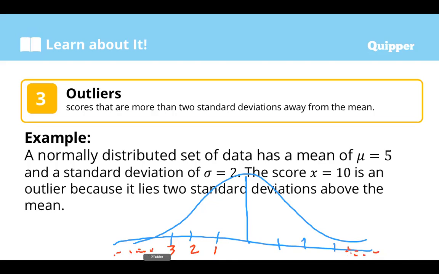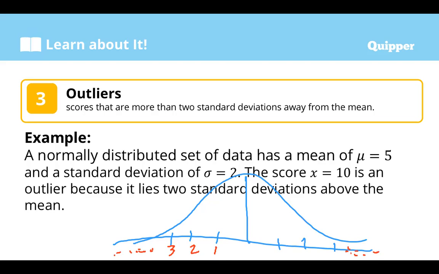Okay, yung mga data na nasa labas ay tinatawag na outliers. Outliers are scores that are more than 2 standard deviations away from the mean. So ito yung mga medyo nasa labas na ng ating empirical rule. Okay, so dun yung mga tatawag natin yung mga outliers.